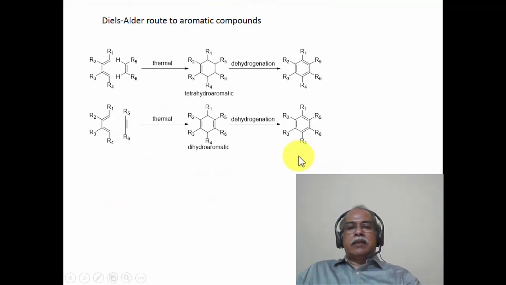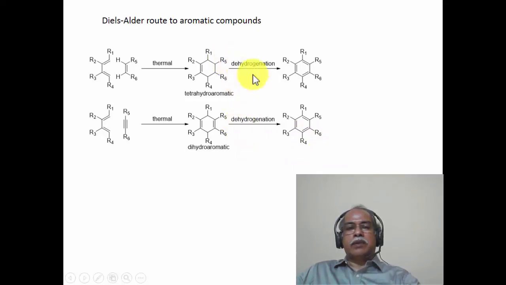Now, we have already seen the Diels Alder route to the aromatic system, because the Diels Alder reaction with an olefin produces a dihydroaromatic system which can be dehydrogenated using DDQ to produce the aromatic system, or the Diels Alder reaction with an acetylene can produce a dihydroaromatic derivative. This is a tetrahydroaromatic derivative and this is a dihydroaromatic derivative. Again, dehydrogenation using reagents like DDQ or selenium dioxide can result in the formation of the corresponding aromatic derivative.